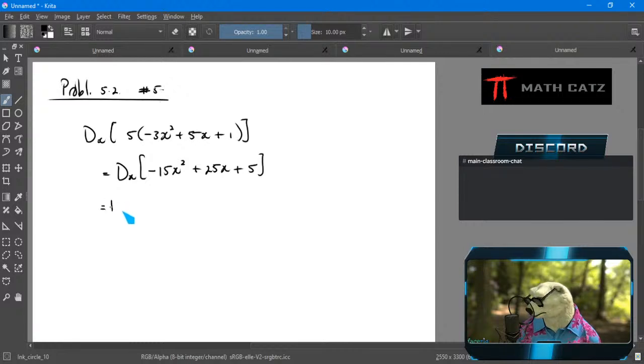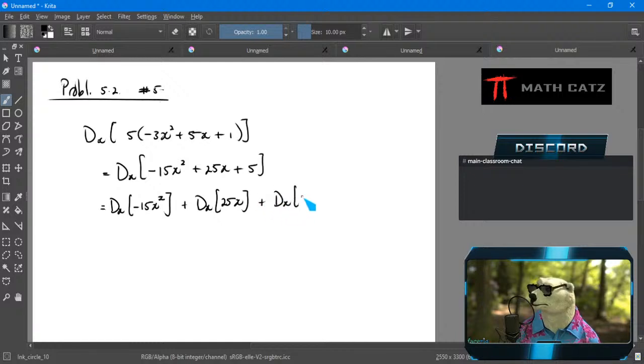So I'll use the sum difference property first, which allows me to isolate the terms like so. It's all the sum property.